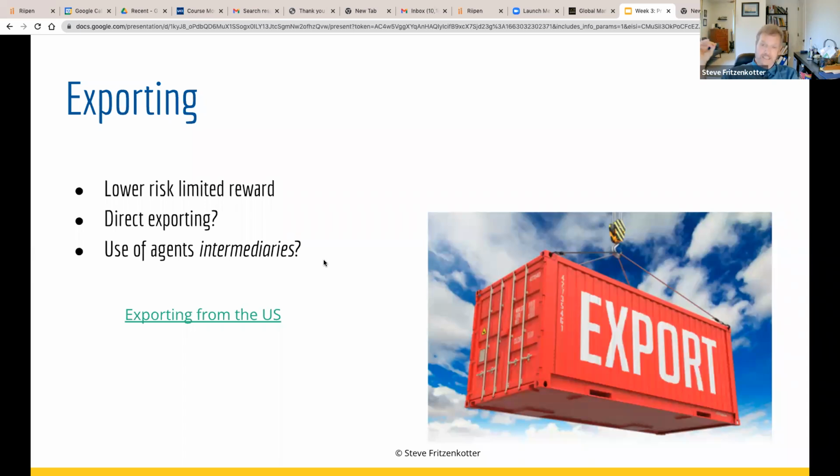Or you're going to use an independent agent. Every industry in the world has agents, and they represent just about every country in the world. And they're easy to find. You can get them through the export offices in your home country. Very easy to locate. They operate off commission, so they make about a 10% commission on what they sell.